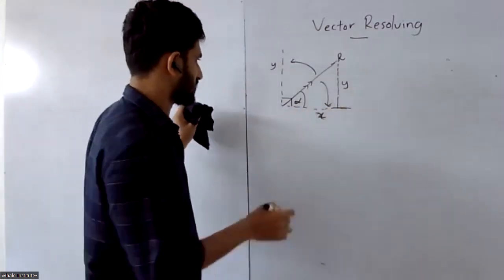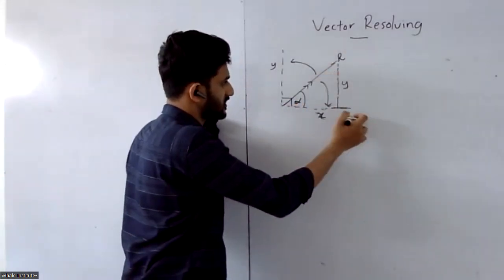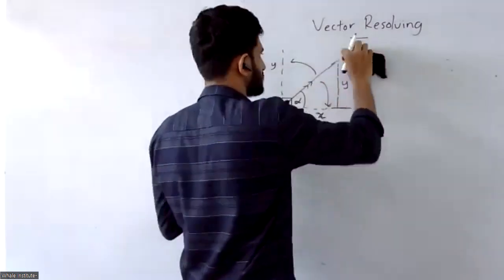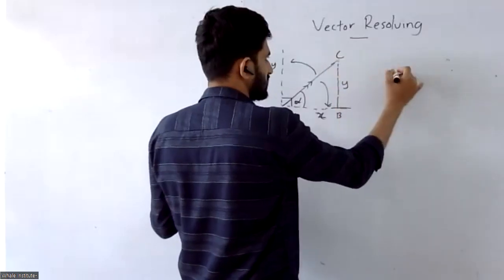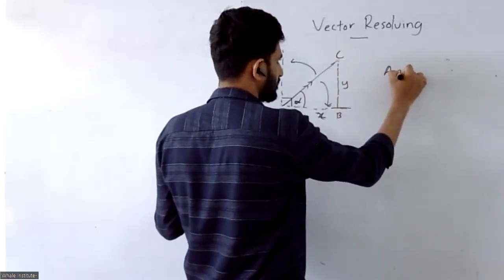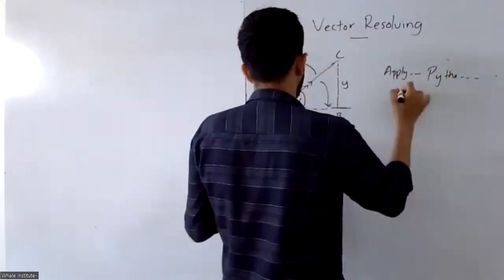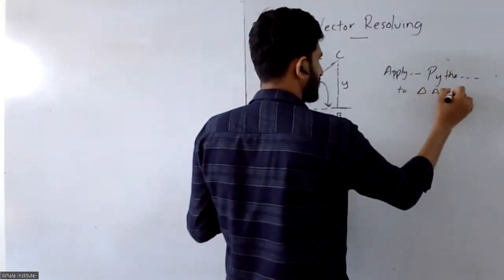Then using the Pythagoras theorem, here we can name this triangle as ABC, right? Apply Pythagoras theorem to triangle ABC, right?